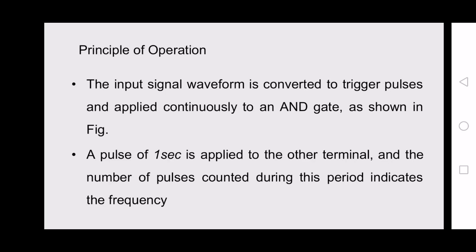So first that signal has to be amplified, and it has to be given to a circuit called the Schmitt trigger, which you have already learned in linear integrated circuits. A Schmitt trigger is a circuit which converts any type of waveform into a square waveform.